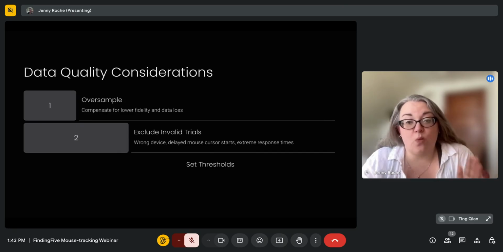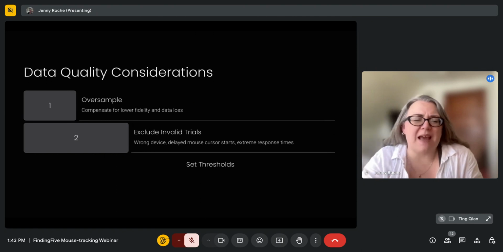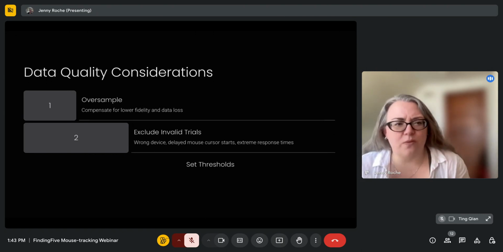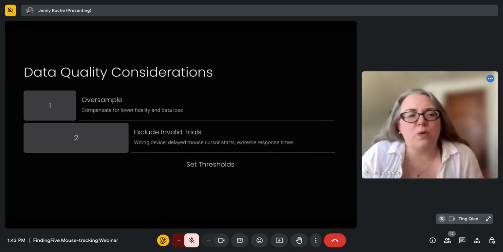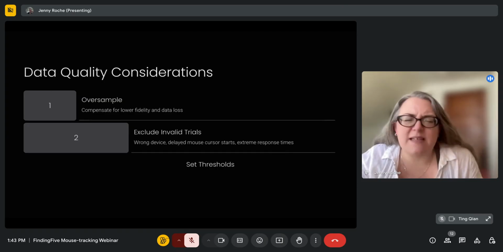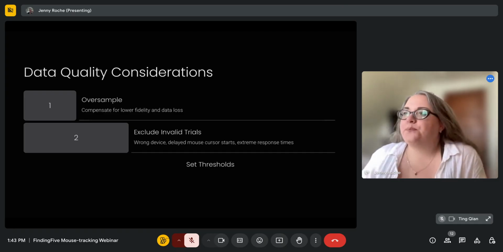I usually go between 1 and 2,000 milliseconds, because anything past that, you're not really measuring implicit cognition anyway. You're measuring that post-perceptual response. If you want a citation for that specifically, I would go to the Freeman and Ambady paper, 2010, which is at the end of the slide anyway.